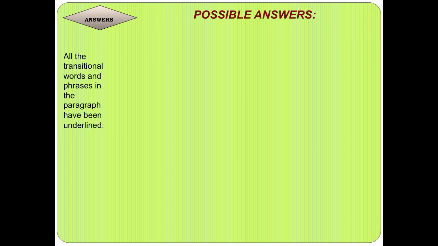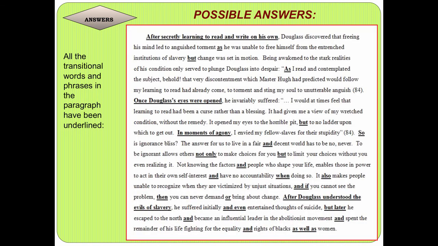Possible answers. All the transitional words and phrases in the paragraphs have been underlined. For example: after secretly learning to read and write on his own, as, but, as.